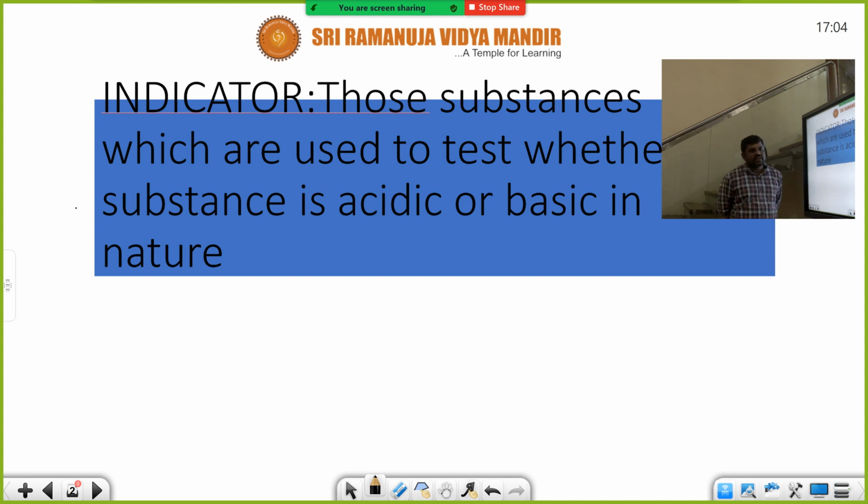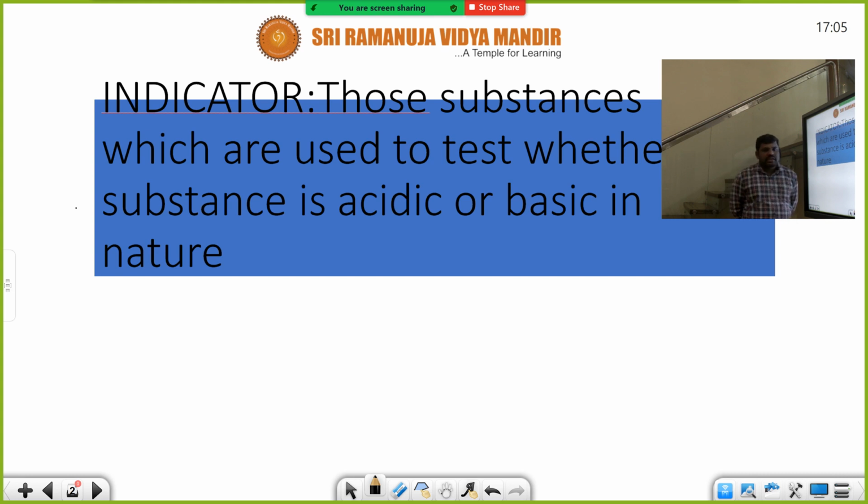They are obtained from nature. So that's why litmus paper is not just a paper. That paper can be obtained from the lichens. The biology word is lichen. It is a mixture of fungus. They are obtained from the fungus, and that is called litmus paper.